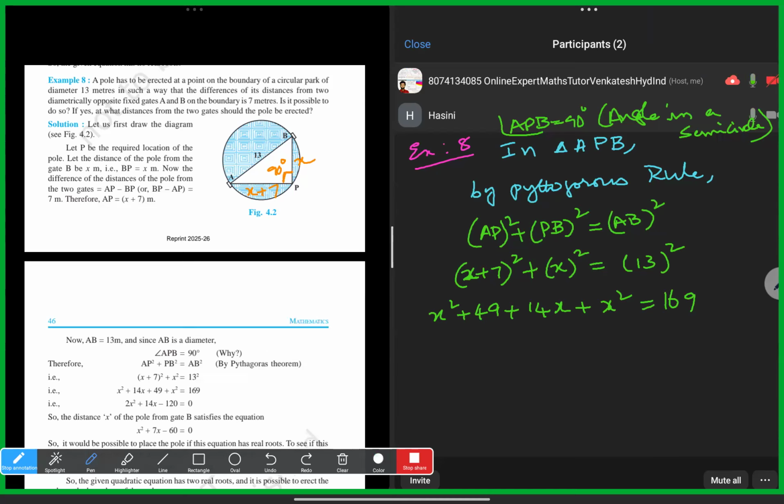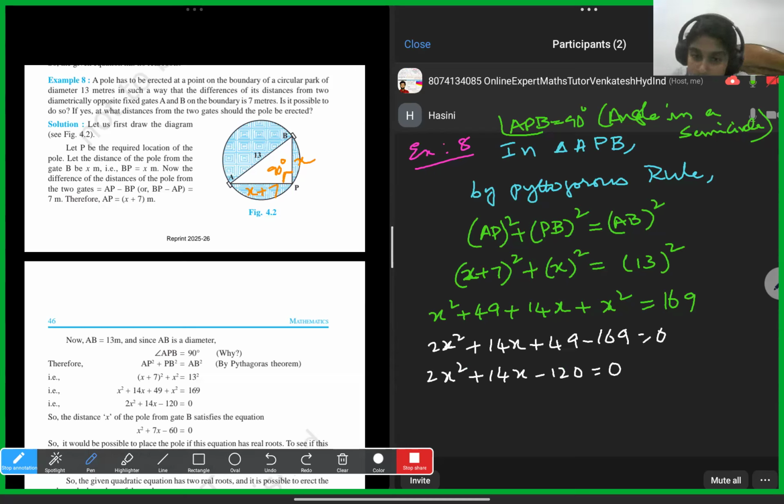So x square plus x square is 2x square, plus 14x plus 49 minus 169 is equal to 0. I want all the terms on the left side. 49 minus 169 is minus 120.